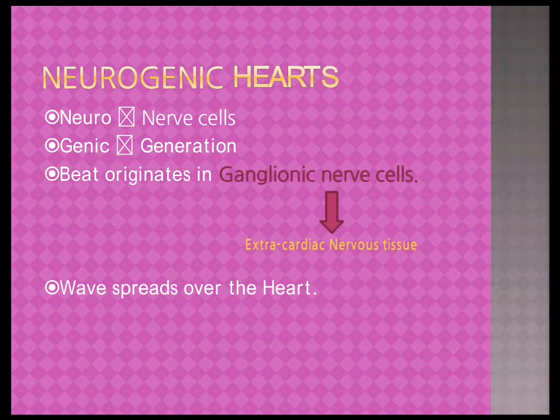So it has to make a wave kind of contraction so that the posterior side of the heart contracts first, and then the wave spreads to the whole heart towards the anterior side. So that's how the control of the beat of the heart is under the extracardiac nervous tissue which is present over that heart.